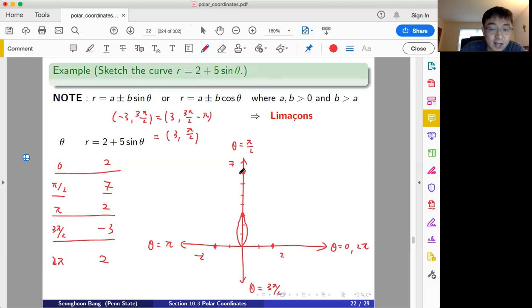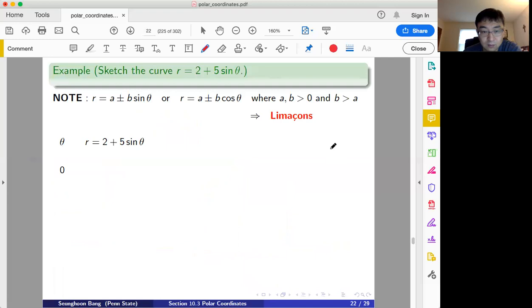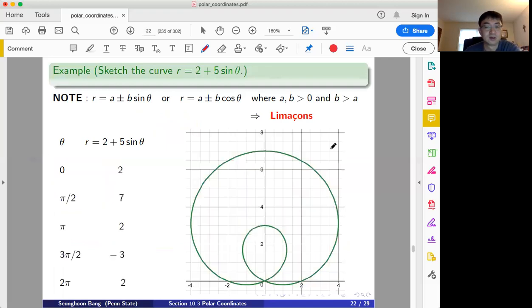The bigger one has a shape like a heart, like this. So that's it. This is the whole idea for sketching the graph of a limaçon. Like this. Right?